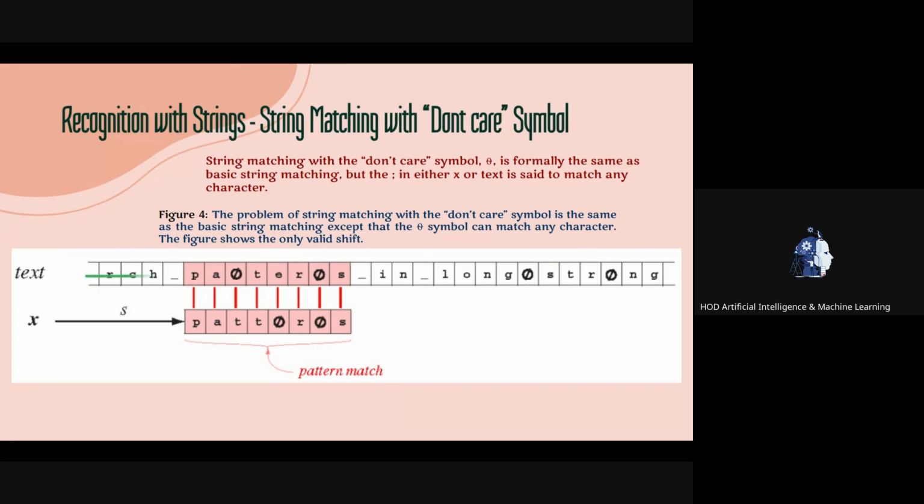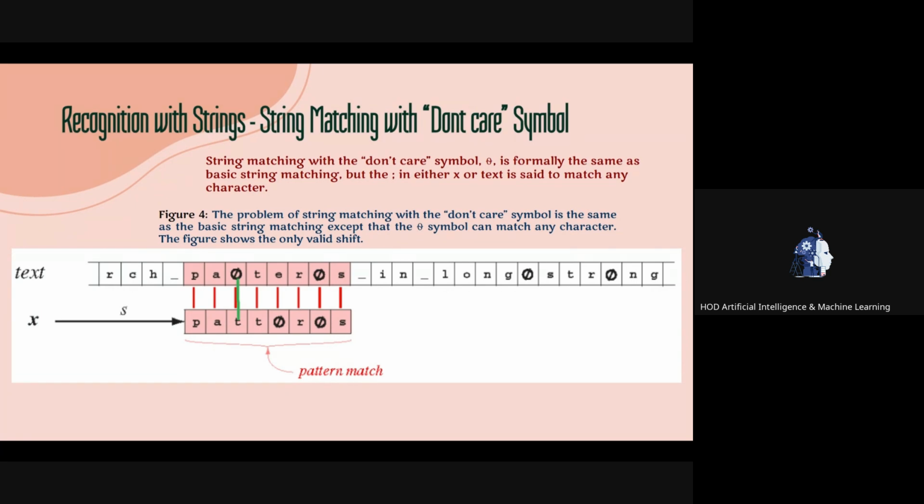For example, this is a text given, and in the text also you can find some don't care symbols over here. And this is a pattern X which is coming as a problem. At the fourth shift, you will find this almost matched with the text. You can see P and A and T with don't care symbol, which is exactly matching.